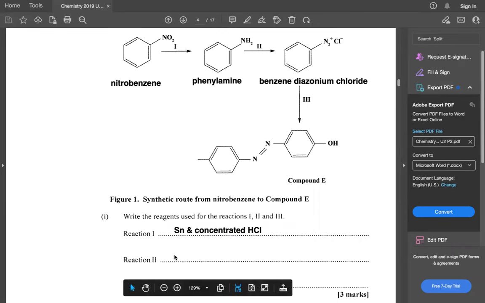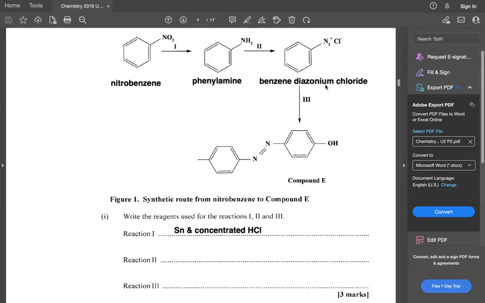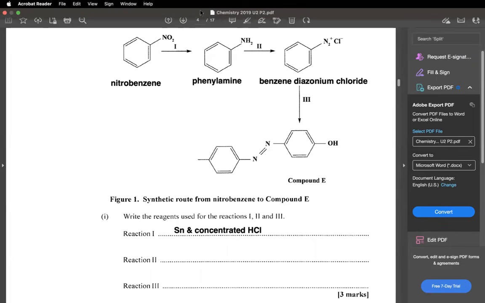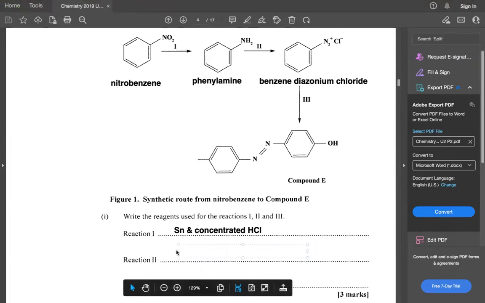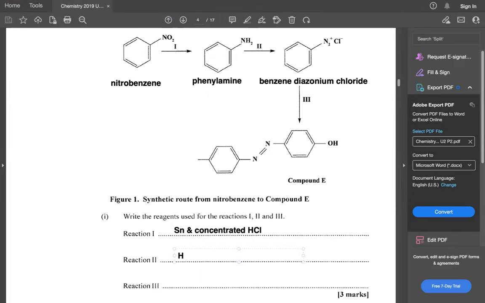All right, so then for reaction 2 now, we're going from phenylamine to benzene diazonium chloride. And in order to do that transition, we need nitrous acid, right? So let me put nitrous acid here. We're going to need nitrous acid, which is HNO2.